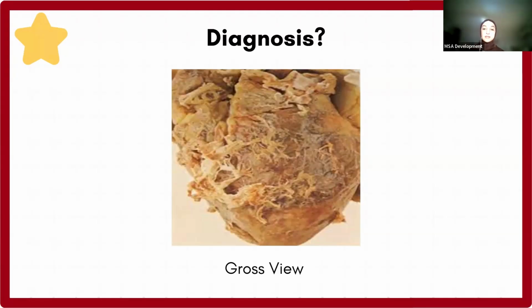What we see on gross view is essentially, as I said, dryness and granular roughness. On auscultation, there is a very loud friction rub that you hear, and a lot of pain in patients.